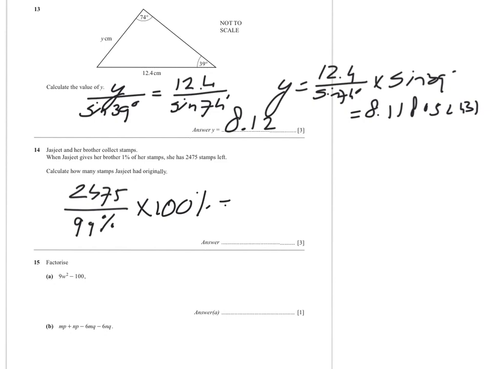Times 100, 2,500 stamps. Now if you would find 1% of 2,500 and subtract that, then indeed you get 2,475 as an answer. But this is not the percentage of an amount, this is reverse percentage. Fantastic.